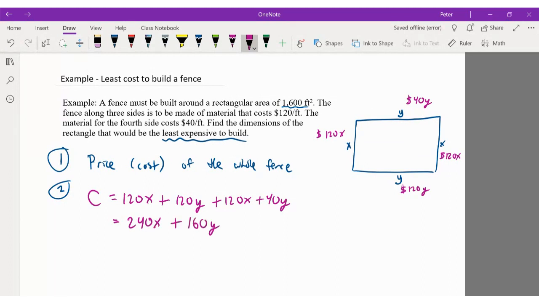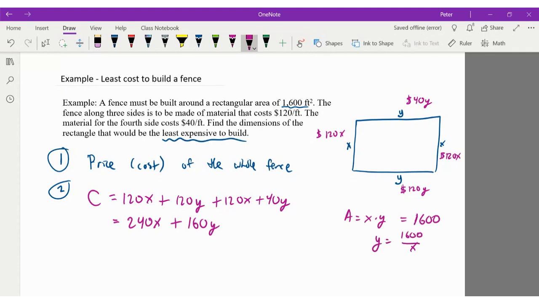The thing you have to realize, though, is that since the area is equal to x times y, and we also know that the area has to be fixed at 1600, that means that y equals 1600 over x. So I can rewrite this.